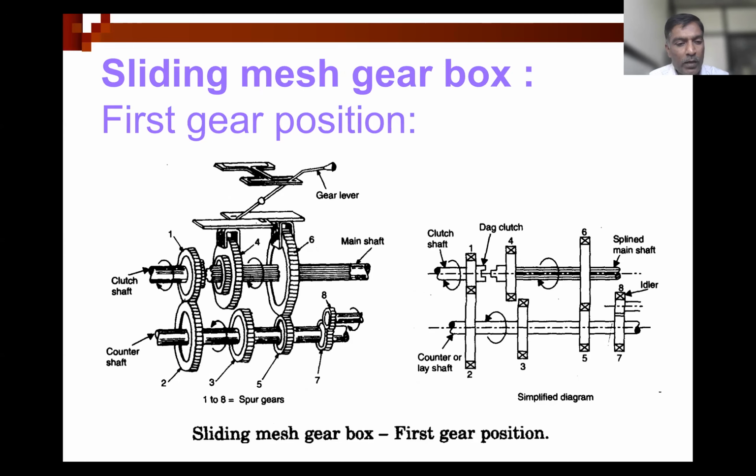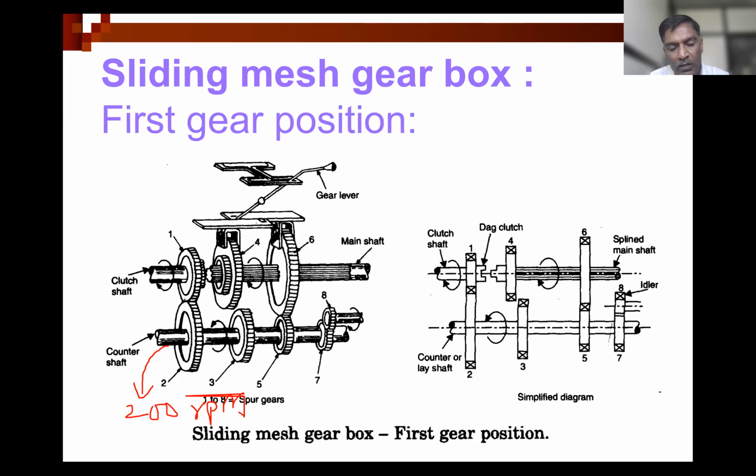I will give an example in terms of the speed. So now I will write here 200 RPM, the speed of this counter shaft. 200 RPM हे counter shaft speed आहे. सगळ्या गेअरचं ते स्पीड असणार आहे 2, 3, 5, 7.